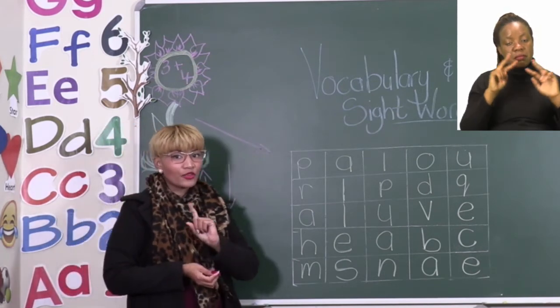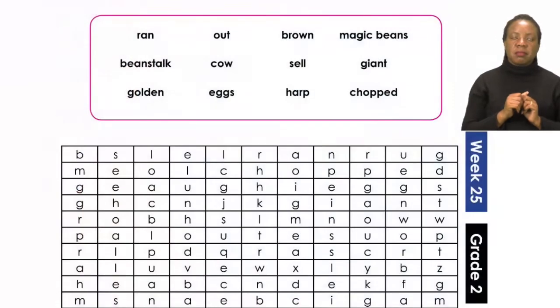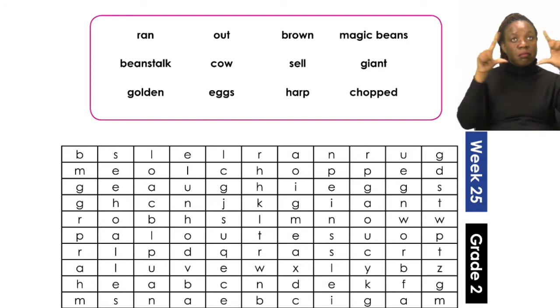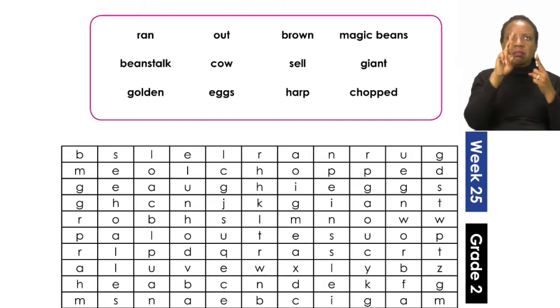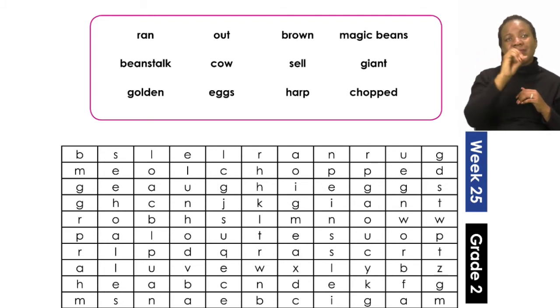If we quickly go back to page 3, let's have a look at all the words that we have to look for. Ran, out, brown, magic beans, beanstalk, cow, cell, giant, golden, eggs, harp, and chopped. These are the words that we have to look for.